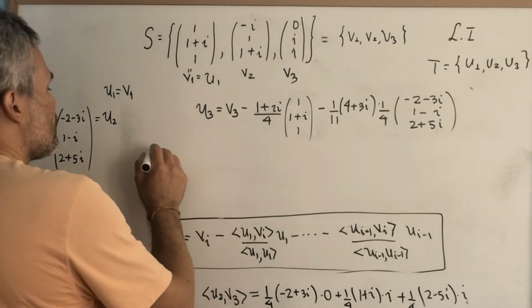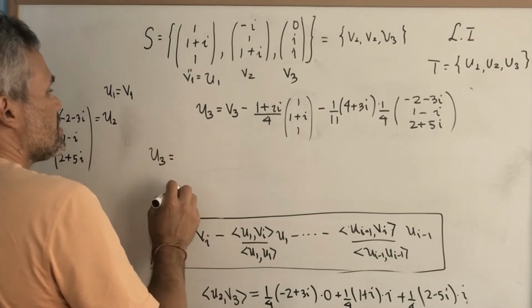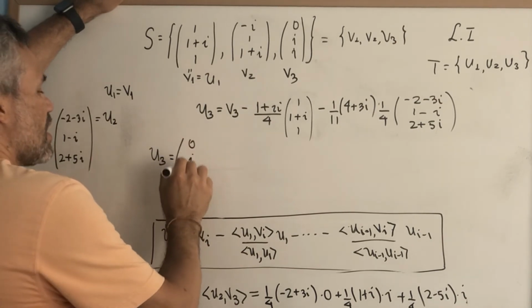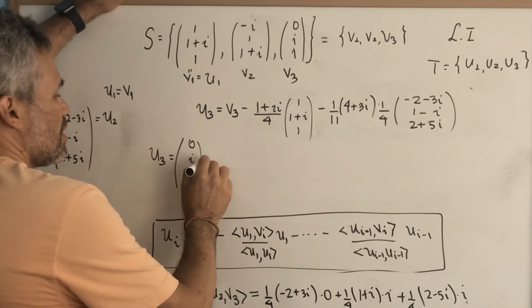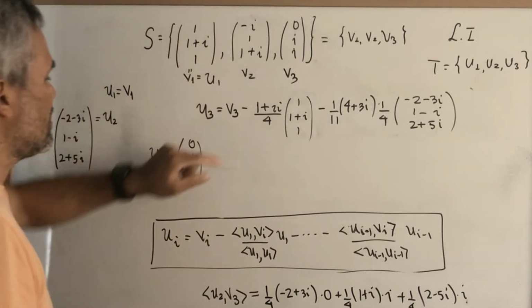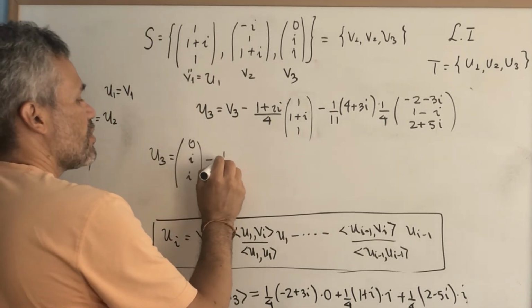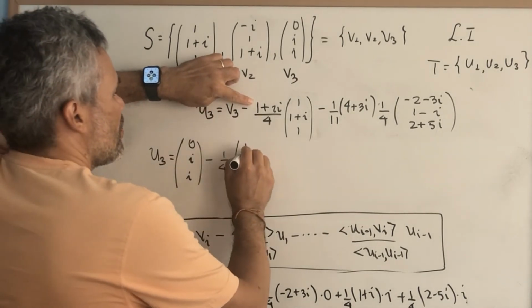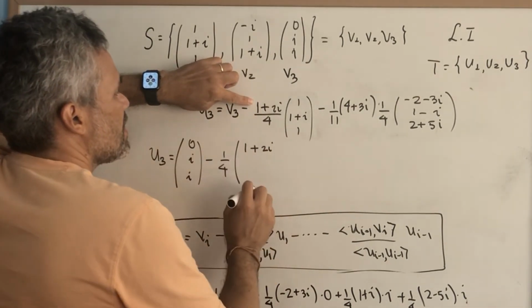Then u3 is equal to v3, which is 0, i, minus, let's factor out 1/4 here, 1/4 factor of 1 plus 2i.